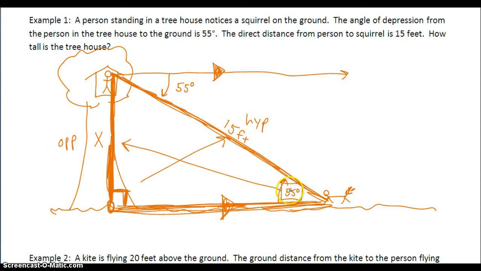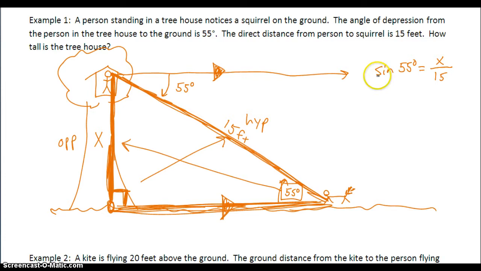So I know one angle, I know one side, and I need to solve for a side. That means I want to do trig. I know the hypotenuse, and I want to solve for the opposite side. So that tells me opposite over hypotenuse, I want to use sine. So sine of my angle equals the opposite side over the hypotenuse.